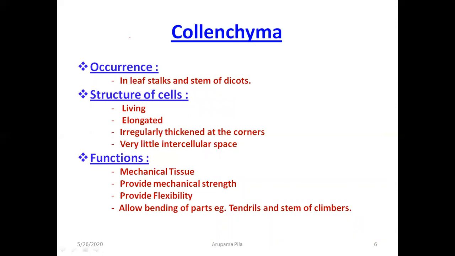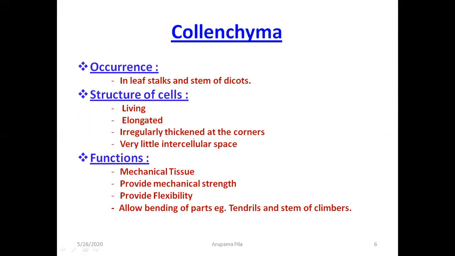Because it is very flexible. They are flexible because of the presence of collenchyma tissue, which allows easy bending in various parts of a plant. Because of this flexibility, the plants can bend in any direction and no part gets broken.